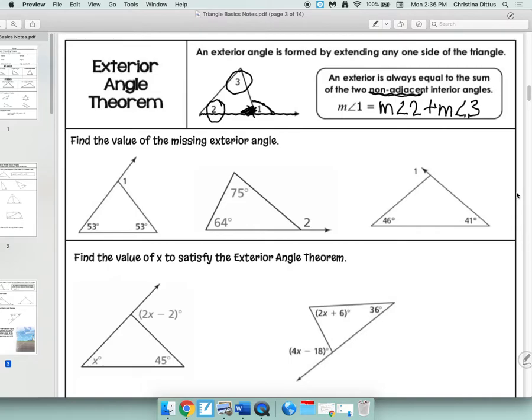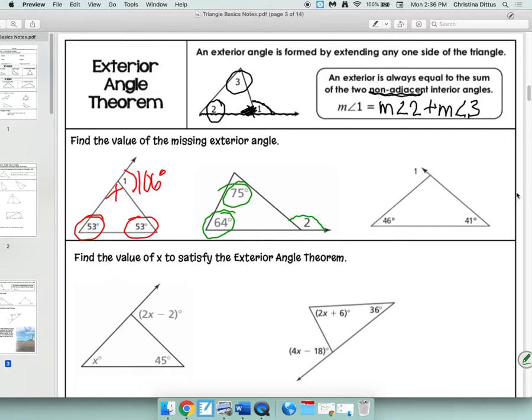Alright, so if I'm looking for angle 1, I don't want that one, I want these two. I'm going to add them. When I add them, what do I get? 106. So angle 1 is 106. Alright, looking for angle 2, I'm going to take the ones not next to and add them.